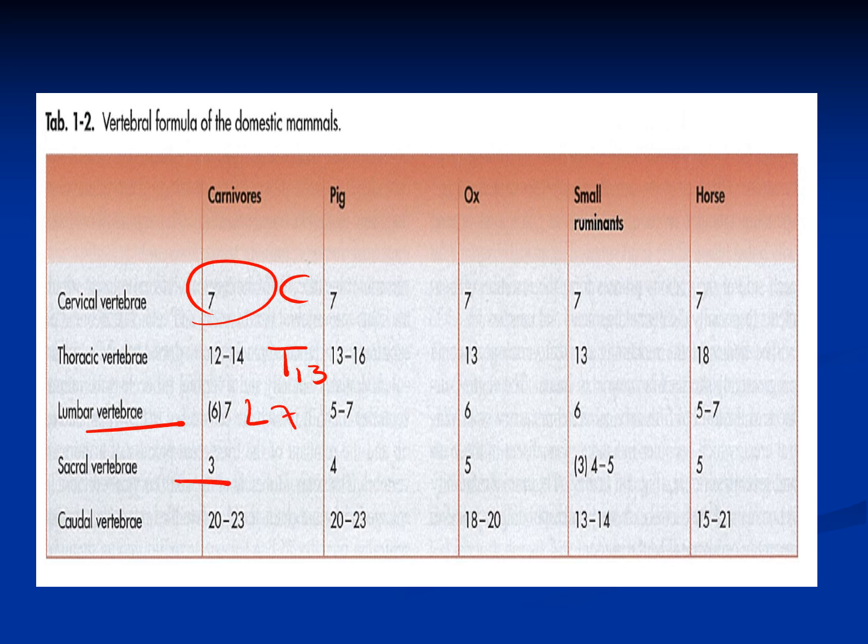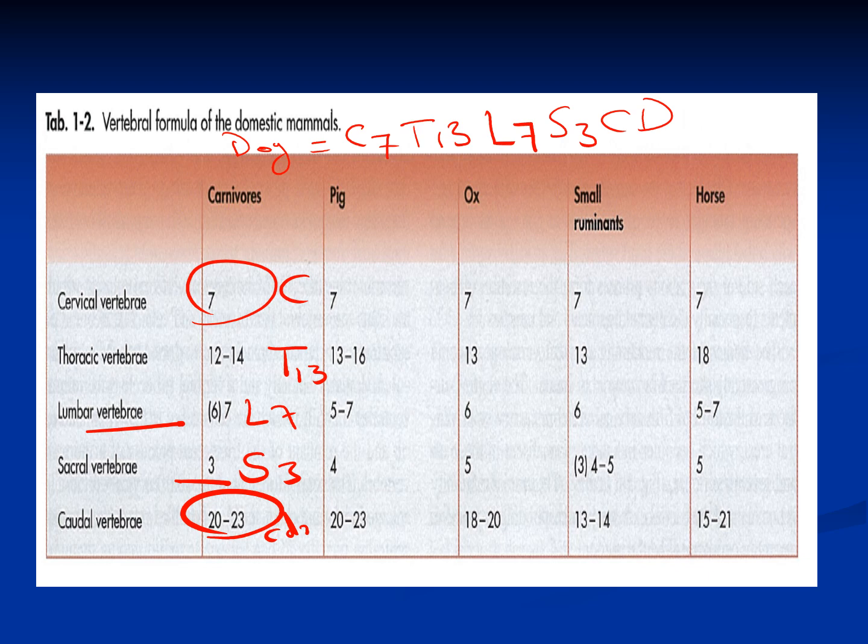In the sacral we have 3 fused sacral, and in the caudal we have between 20 to 23. And this we give the formula C7 for the dogs, T13, lumbar 7, S3, and for caudal between 20 to 23.